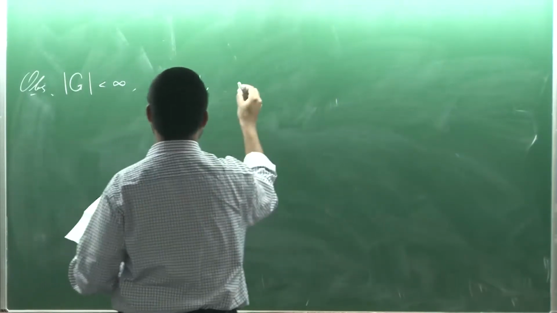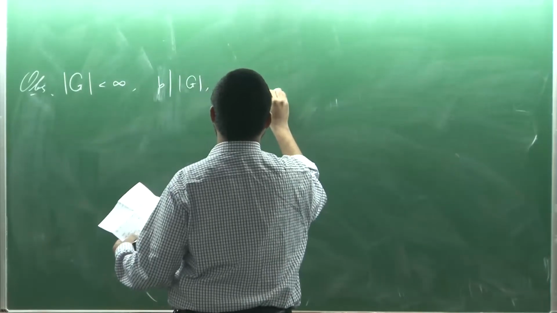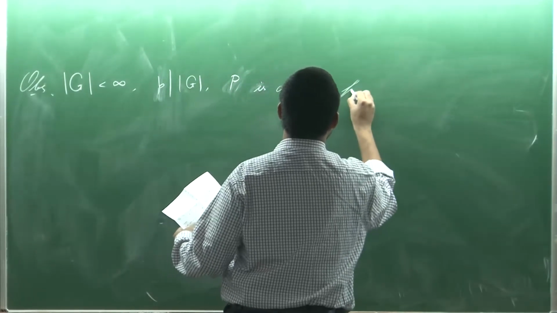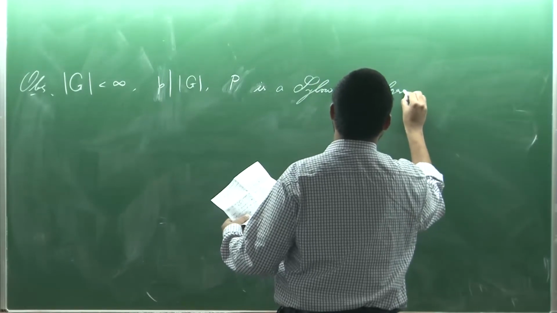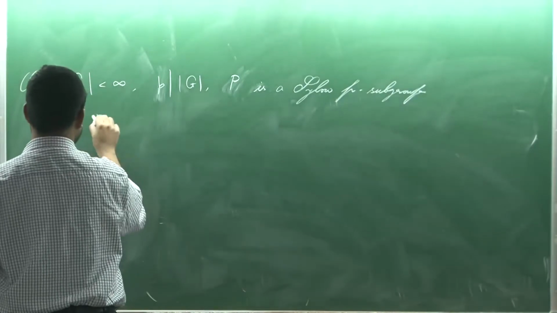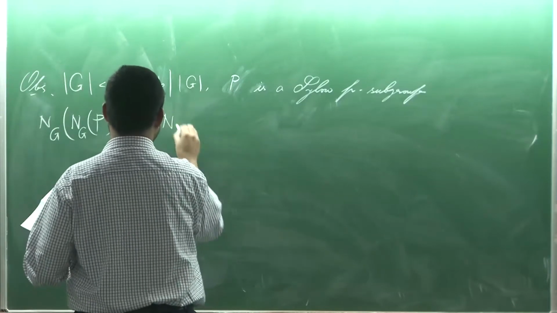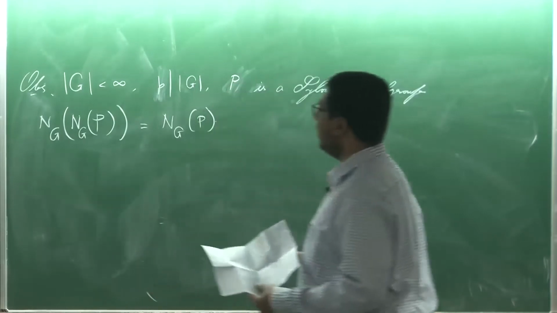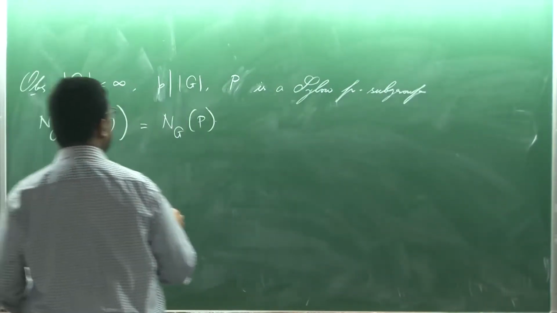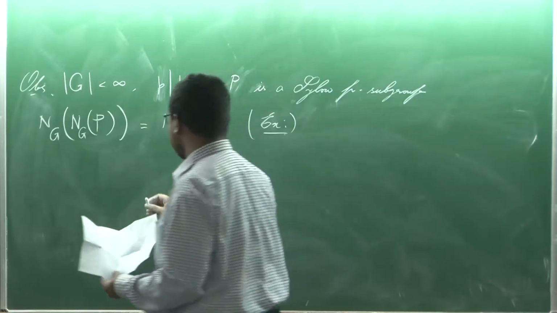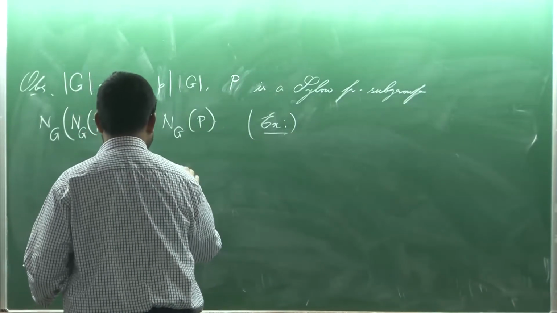Let G be any finite group, let P be a prime dividing the order of G, and P a Sylow P-subgroup. Then the normalizer of the normalizer of P is nothing but the normalizer itself, which I would like to leave as an exercise, but let me also tell you the main observation behind this, that P is a normal subgroup of its normalizer, right?